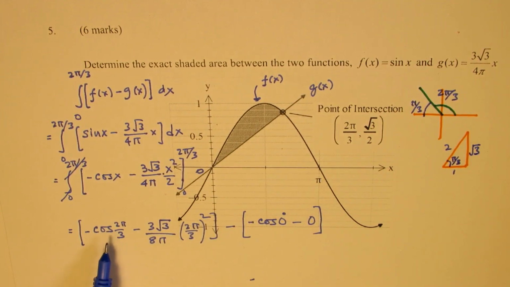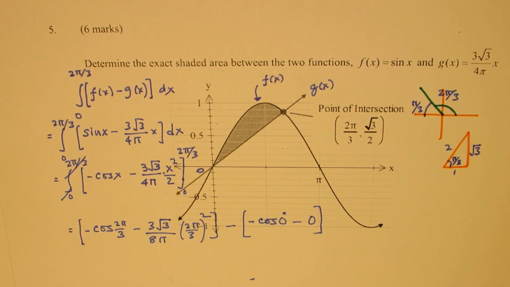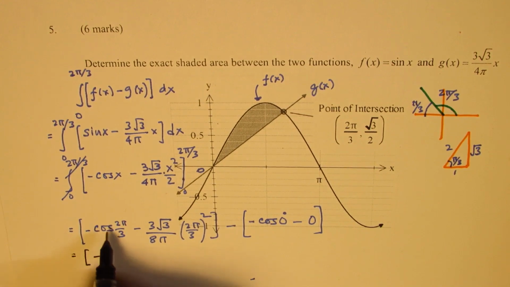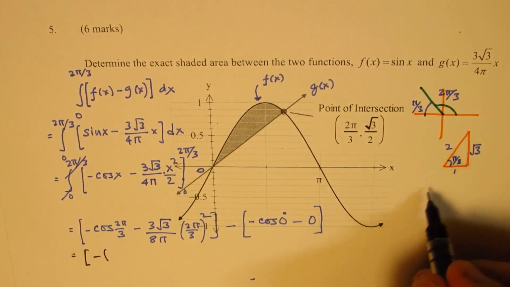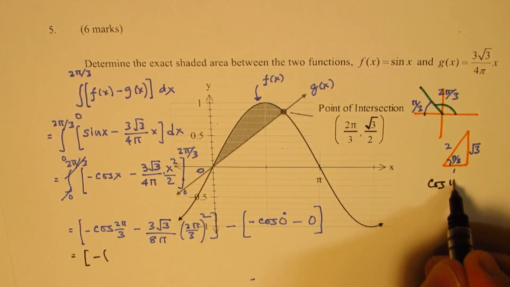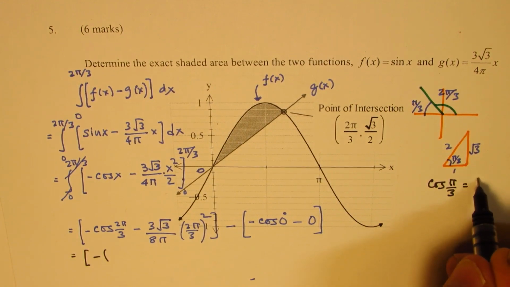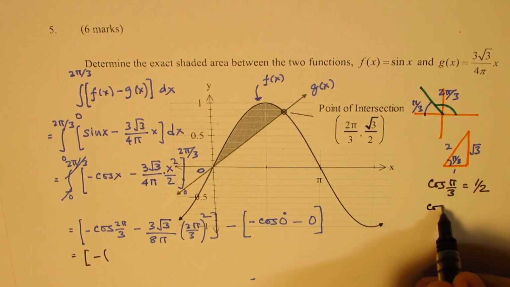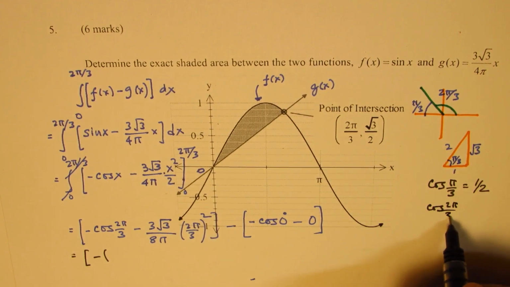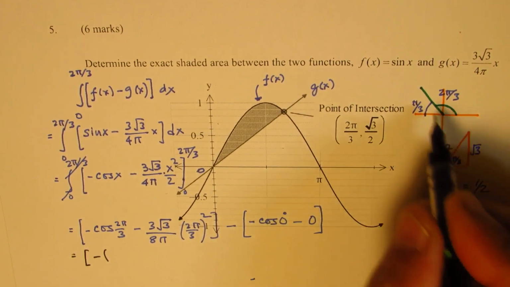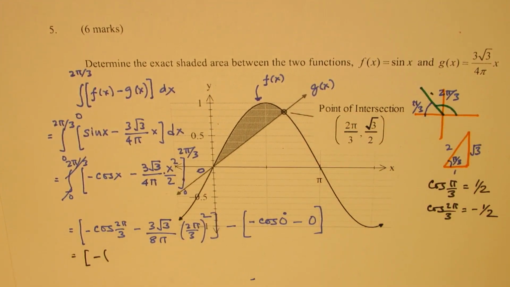And we are in quadrant 2, that means it is negative. Perfect. So let me write down here. The value here will be equal to negative of negative half, right? So cos pi by 3 is half, and cos 2 pi by 3 is going to be minus half, correct? You are in quadrant 2.